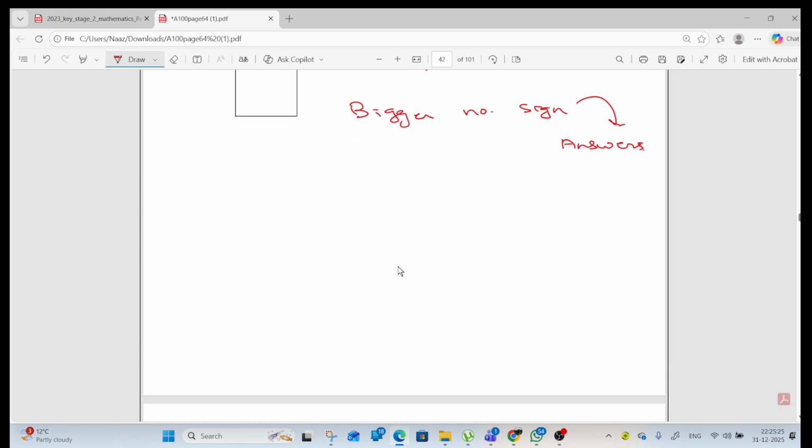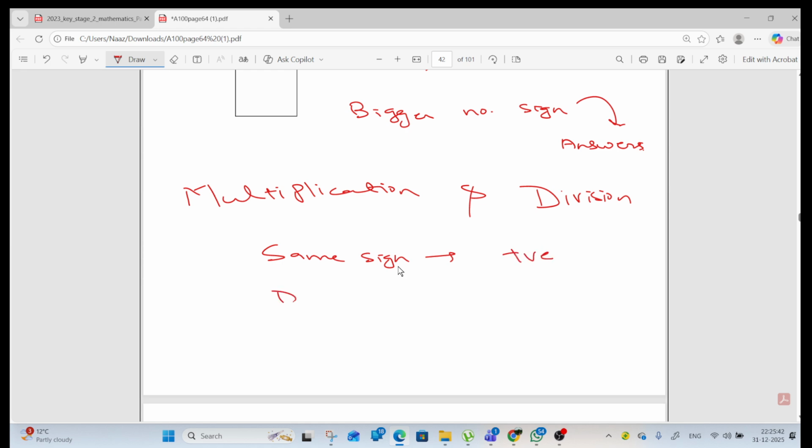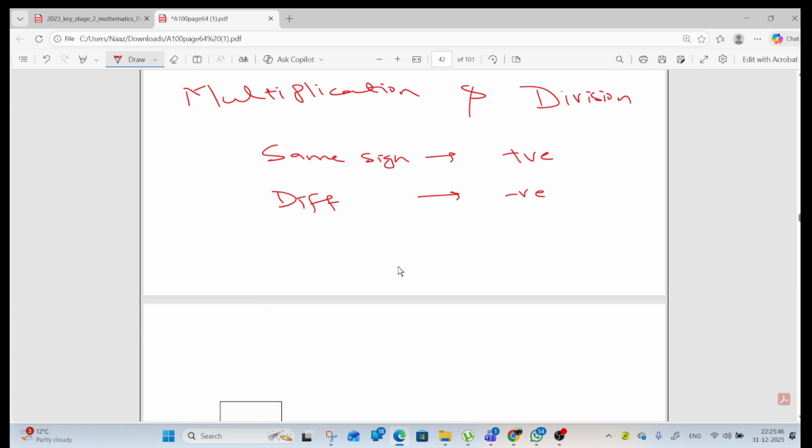But for multiplication and division, if same signs are there, we get positive answer. If signs are different, we get negative answer. Like here, negative 2 times 3, you get negative 6, because it's not like the smaller number's negative sign is put in your answer.